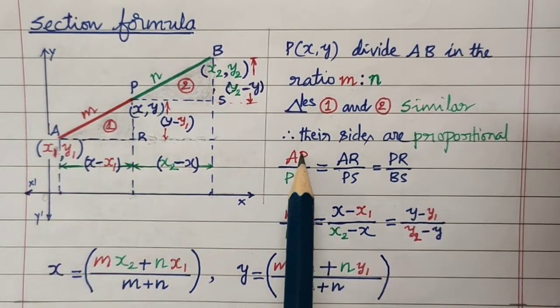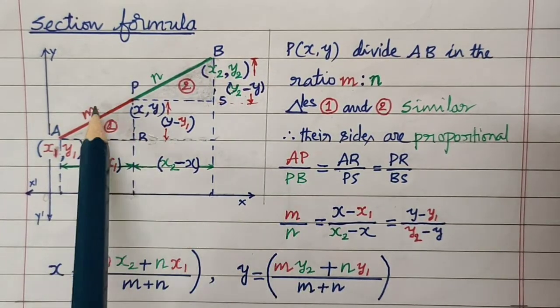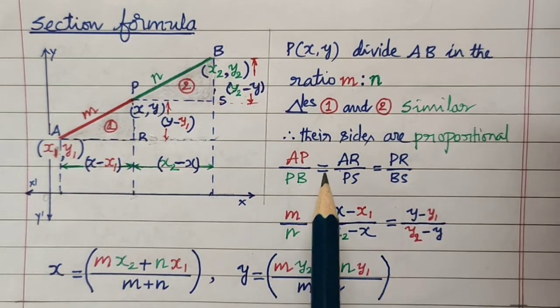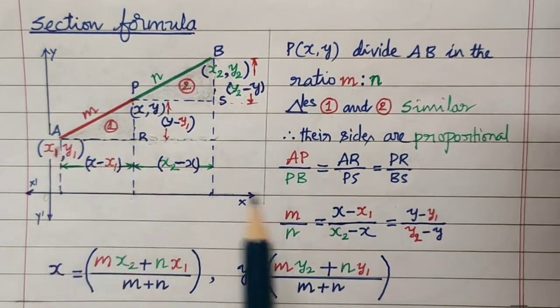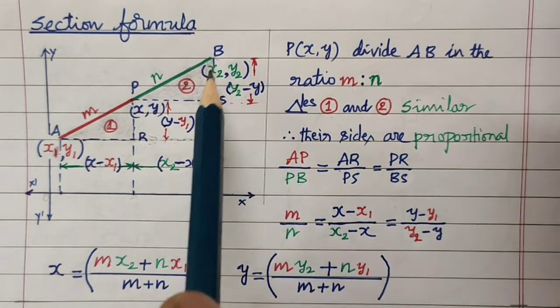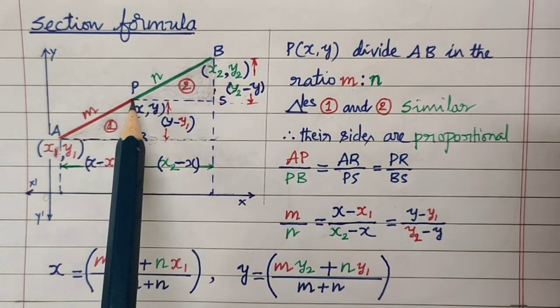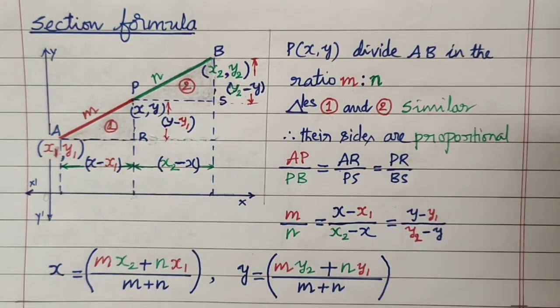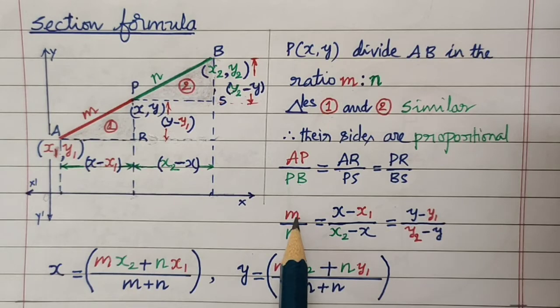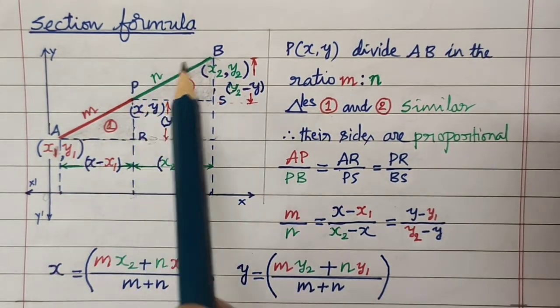AP by PB is equal to AR by PS, that is equal to PR by BS. We know the values of AP, that is m, and PB, that is n.